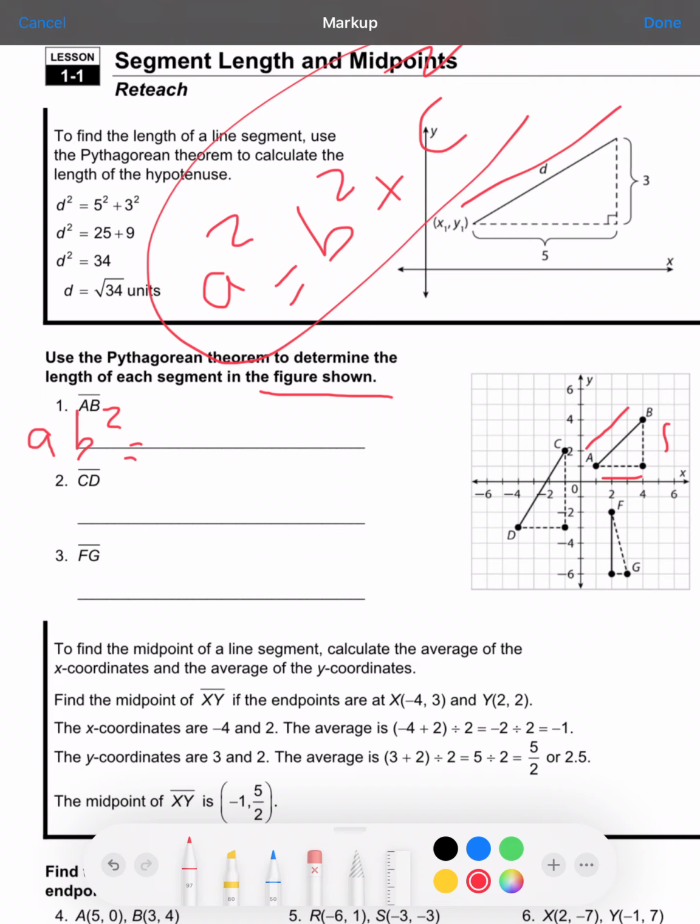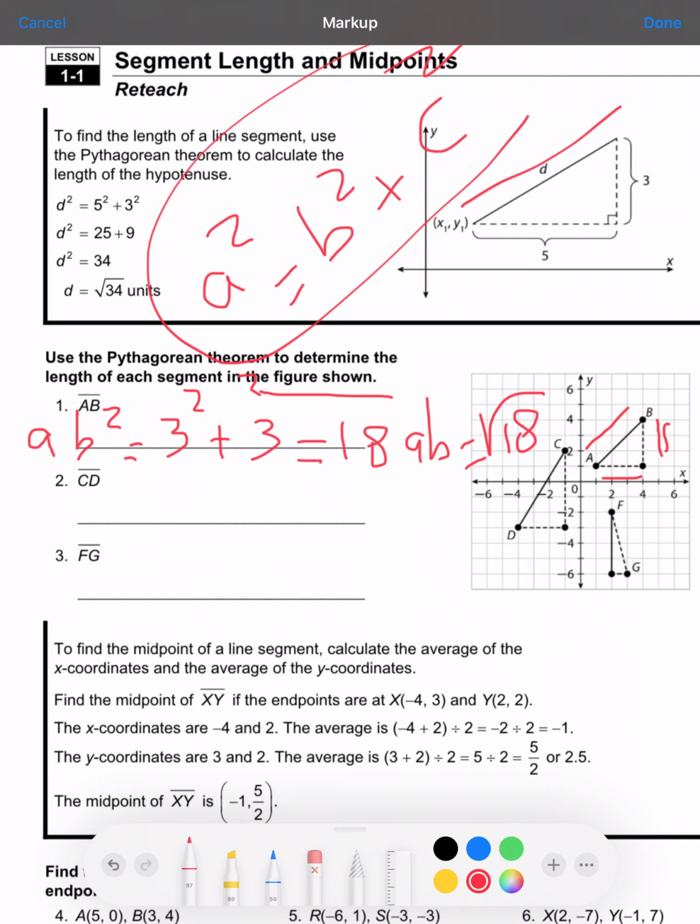So this right side, 1 2 3, is 3 units, so 3 squared, plus this one, 1 2 3, is also 3 units, so 3 squared, equals 9 plus 9 equals 18. So AB squared equals 18, so AB equals root of 18.